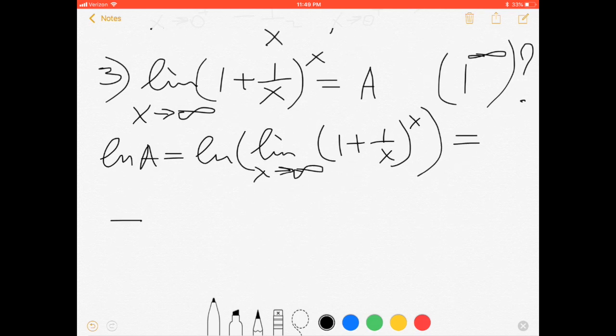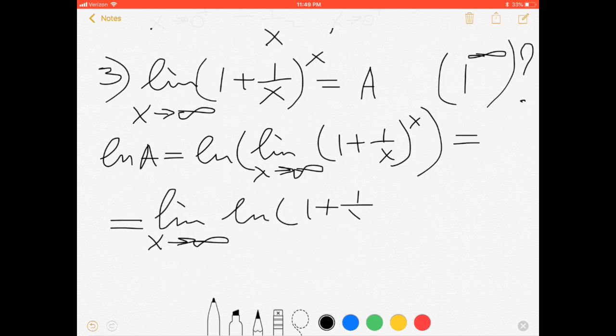Now, because the logarithmic function is continuous, this means you can switch the order. And can I do it this way? Limit as x approaches infinity of natural log of (1 plus 1 over x) to the power x.